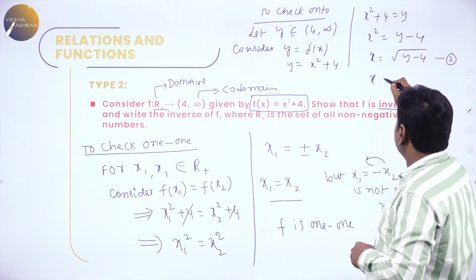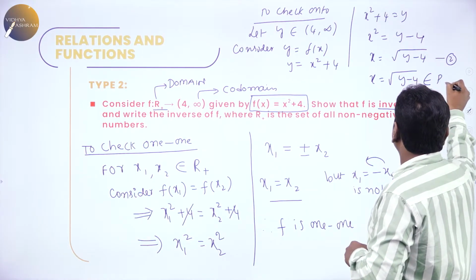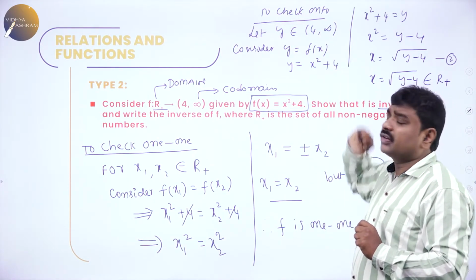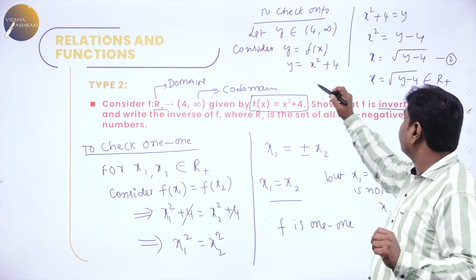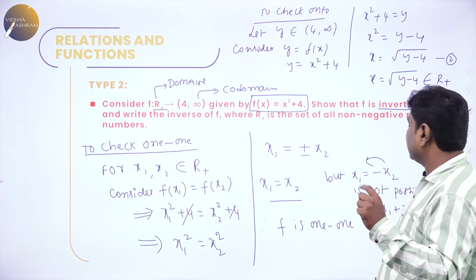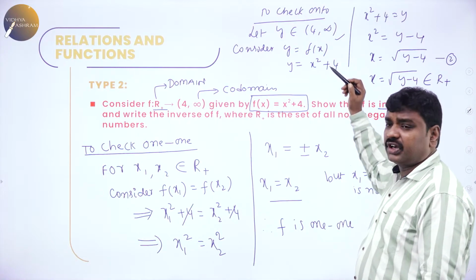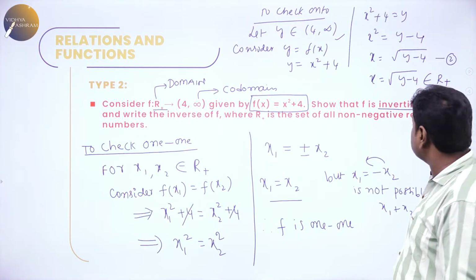Now I can say x is equal to root of y minus 4 belongs to R plus. Why? Because I have to select y from the interval. You take the element starting from after 4. After 4 any element, suppose if I take 5, 5 minus 4 is 1, root 1 is 1, that is R plus. When you take the elements from the open interval 4 to infinity and substitute in the formula, you will get an x belonging to R plus.